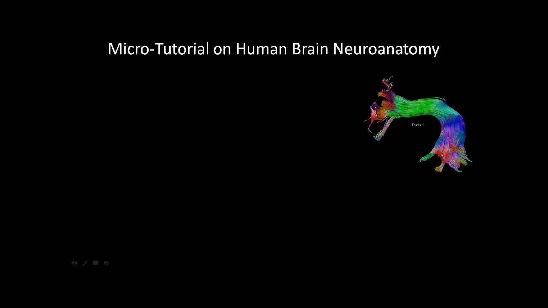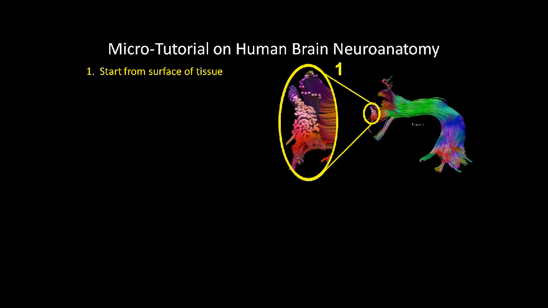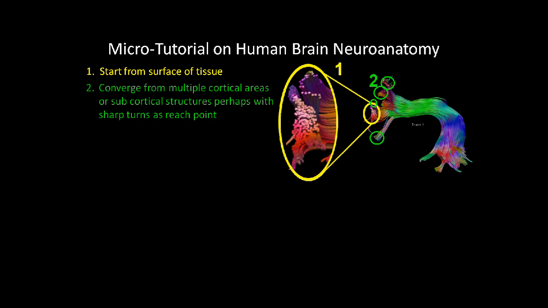Now let's do a little bit of a tutorial on neuroanatomy. We're going to use the arcuate fasciculus as our example. Generally, you start at the surface of the cortical surface, so the fibers are popping through to the top surface, for example, of the brain. Then they converge from multiple sources, gathering into a large fiber bundle or cable within that set.